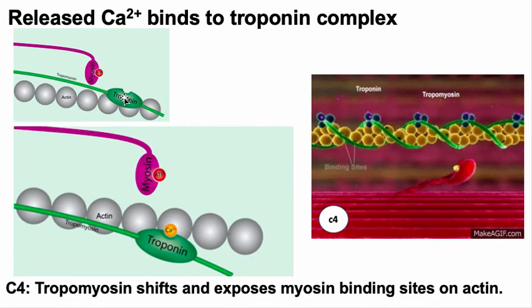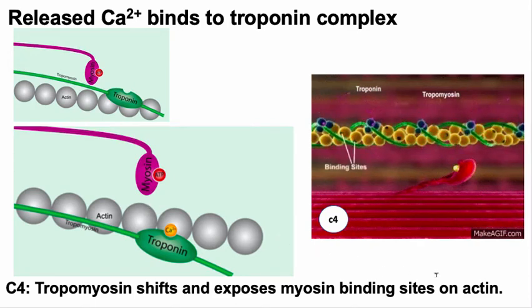Proteins change shape when things bind to them. When calcium binds to the troponin, it essentially flexes, and that flexing leads to it pulling the tropomyosin away from the active sites on the actin molecule.